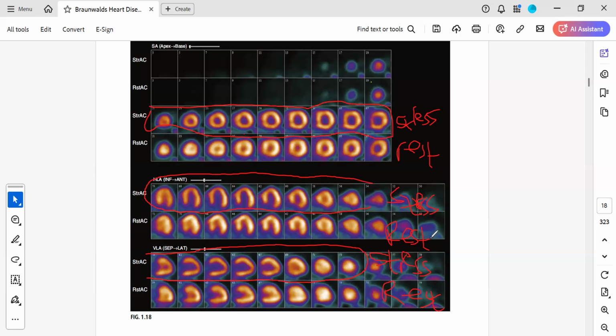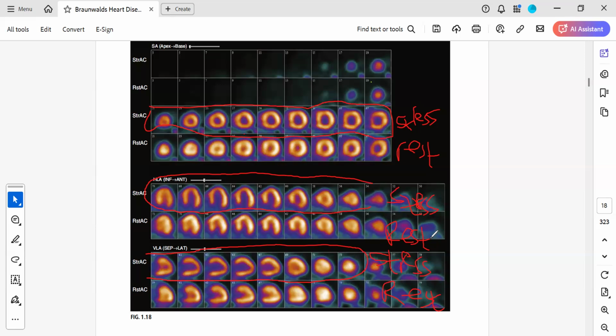Now, in this particular instance, looking at option A, which is dilated cardiomyopathy: for dilated cardiomyopathy, we expect the cavity to be dilated both at rest and at stress.